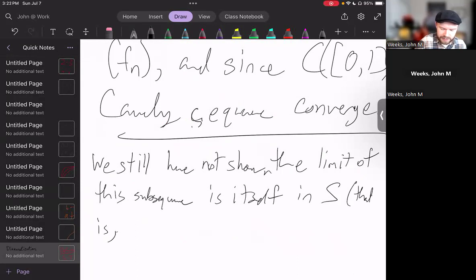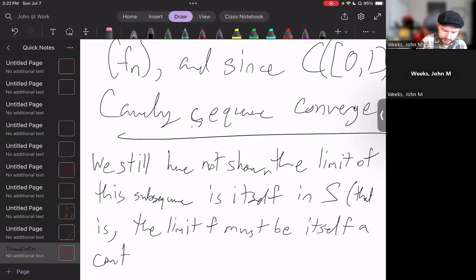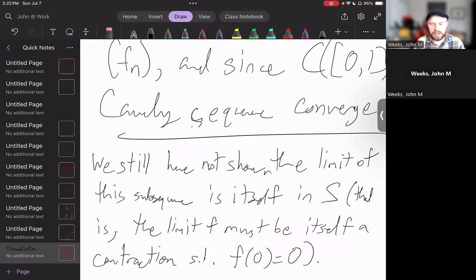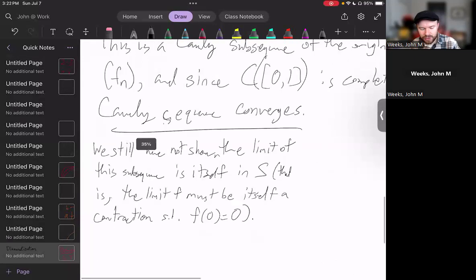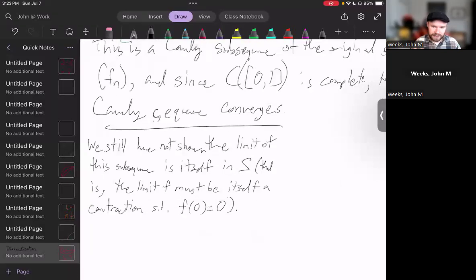So that is, the limit f must be itself a contraction such that f sub 0 is equal to 0. But this actually ends up being true as well for a few reasons.